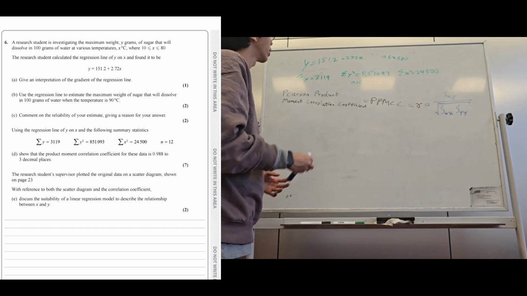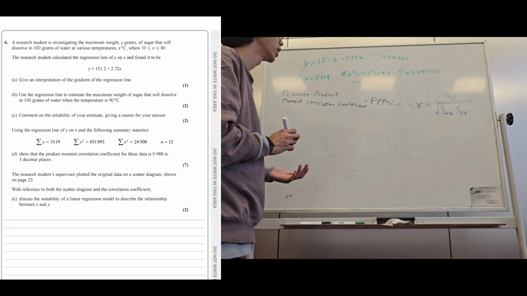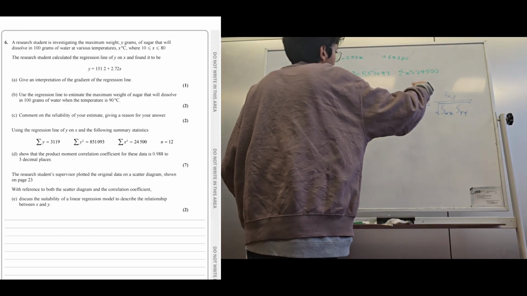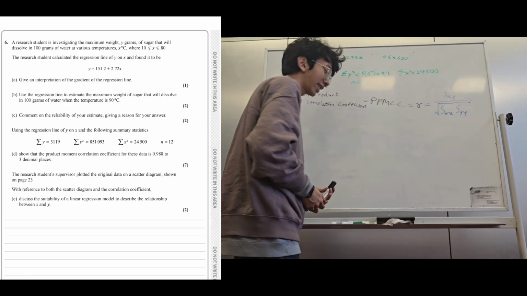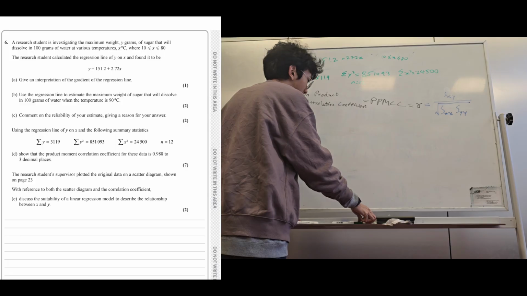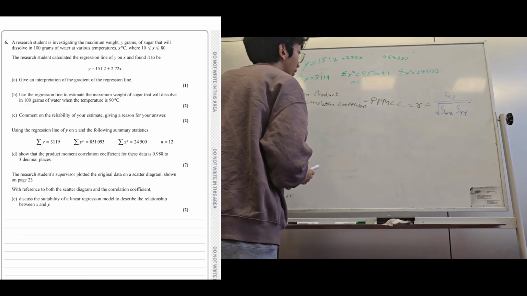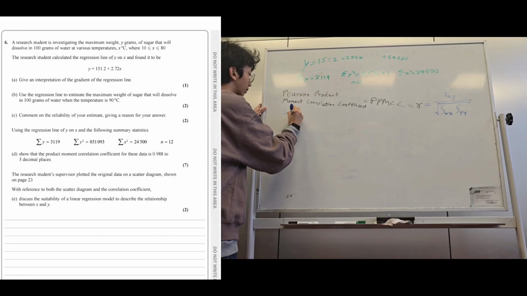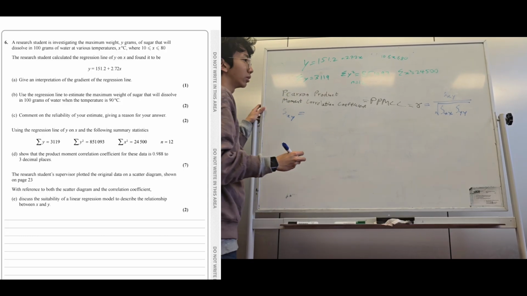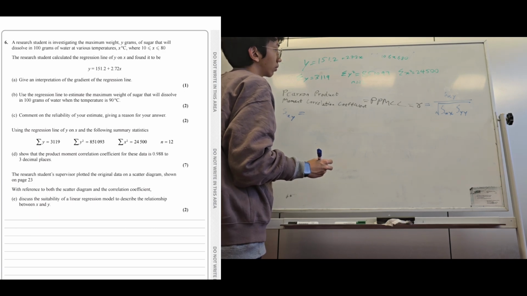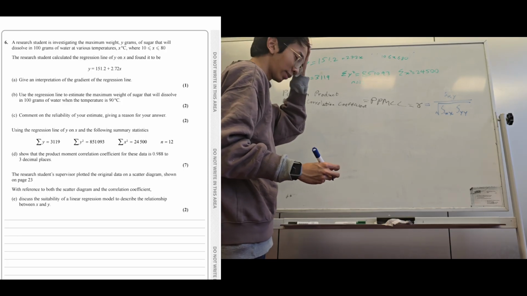Now, do we know Sxy? We do not know Sxy. Do we know Sxx? No, we don't. Do we know Syy? No, we do not. So how do we find Sxx, Syy, and then Sxy? Again, they are in your formula sheet. So let's start from Sxy. That is equal to, it's not coming to my head.